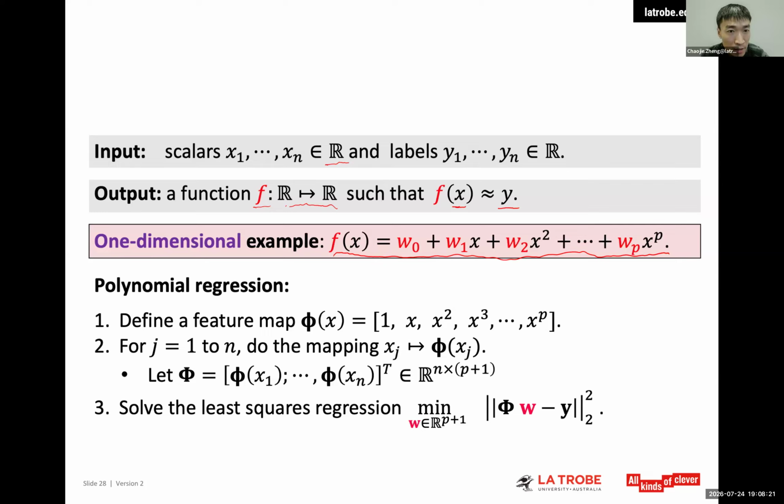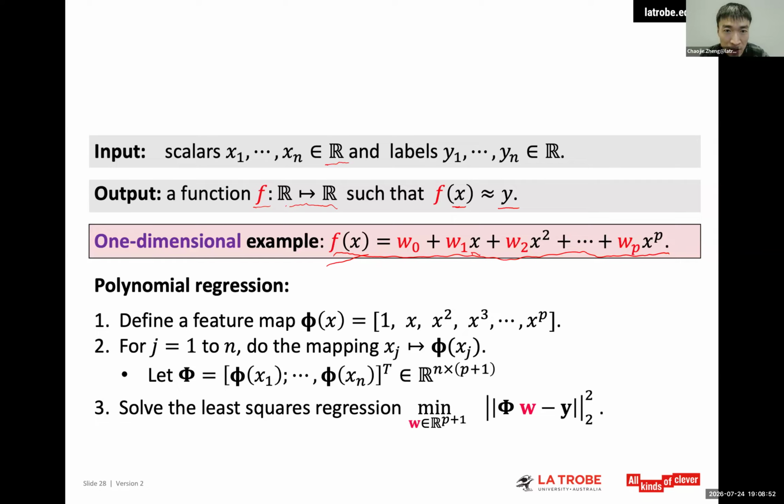So let's continue. This f(x) should be our model output. It is computed from a linear combination between the weight parameters, W0 to Wp, and the x terms.